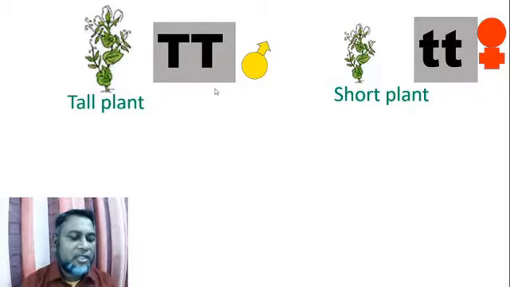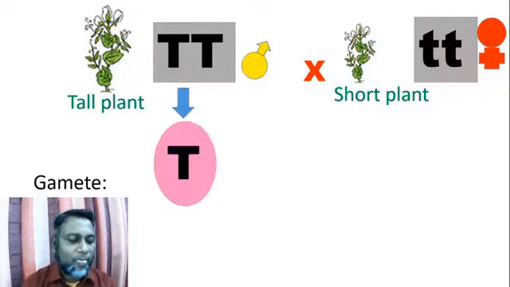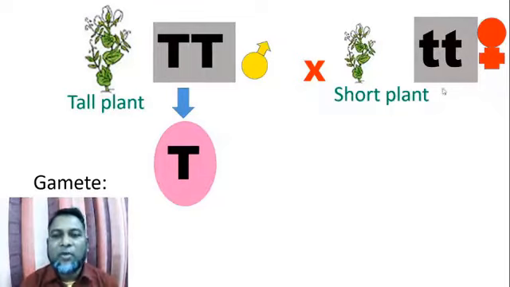From capital T capital T, all gametes are created with one capital T allele, because gametes are formed by meiosis cell division. On the other hand, from small t small t, gametes are created with one small t.